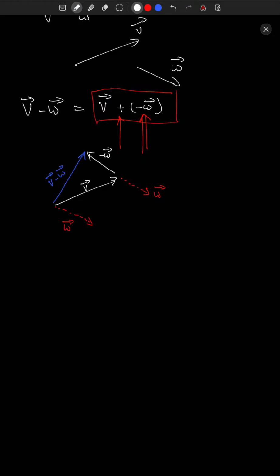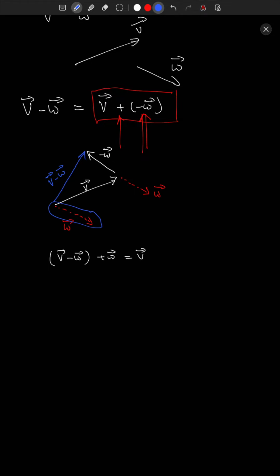Then v minus w, right, is the guy that when you add it to w gives you v, right? So v, let me write this down, v minus w. What vector is this? It's the vector that when you add it to w gives you v, right? So in terms of this picture up here, what do I need to add to this guy down here to give me v?